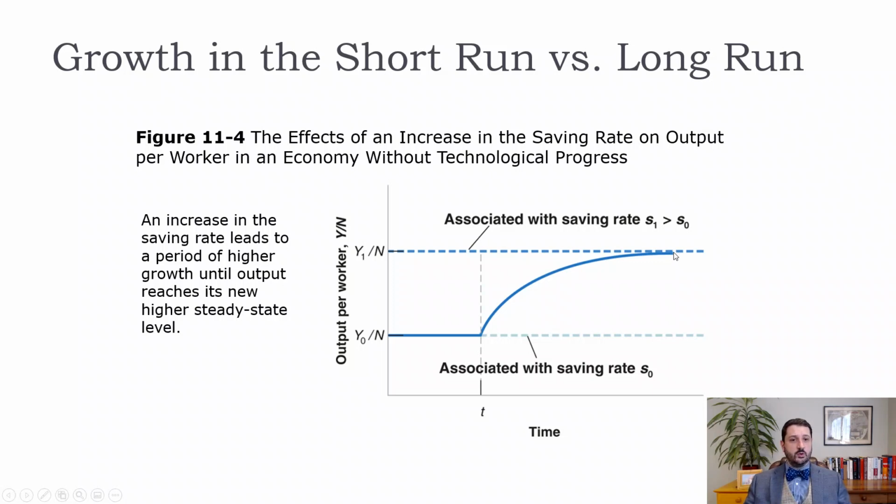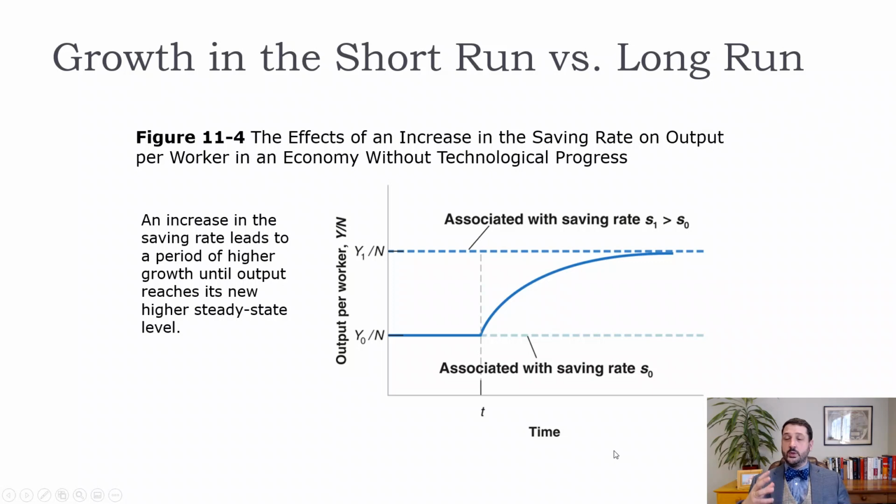And eventually we'll get to our new level of capital per worker and our new level of output per worker with the higher savings rate. And so the higher savings rate will increase the level of capital per worker and output per worker, but it will only increase growth in the short run, right? So growth is higher here in the short run, and then eventually it stops.